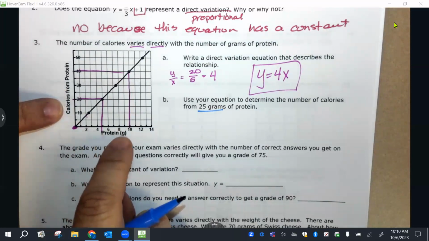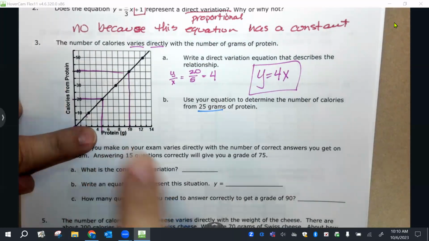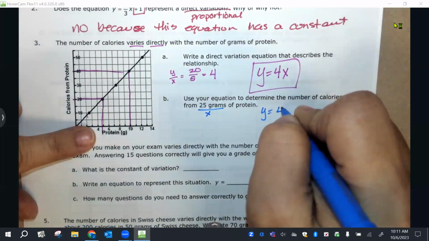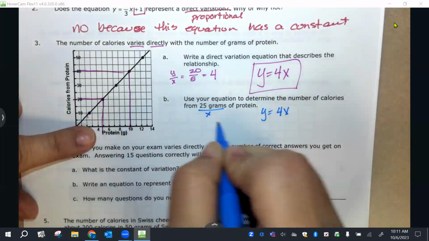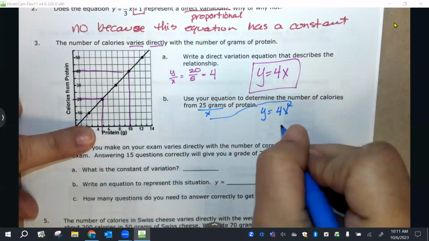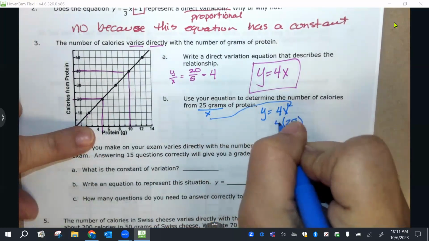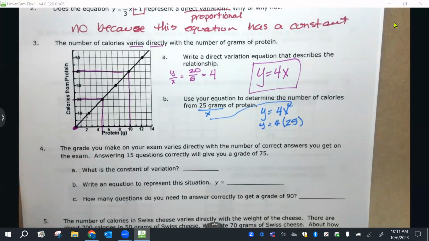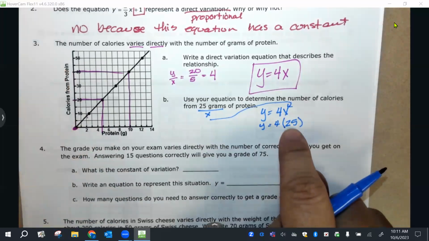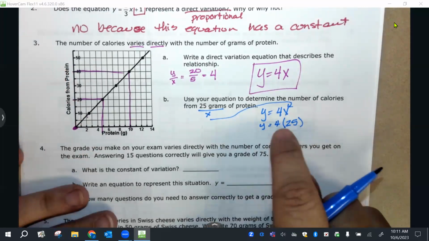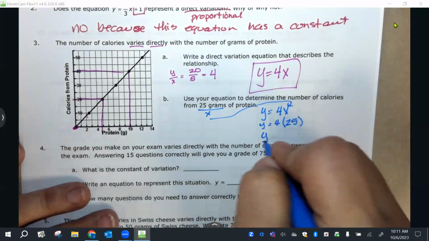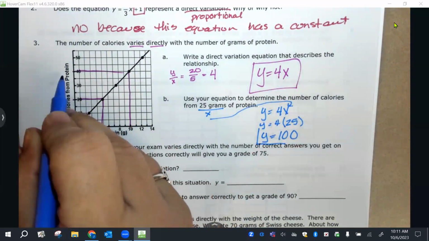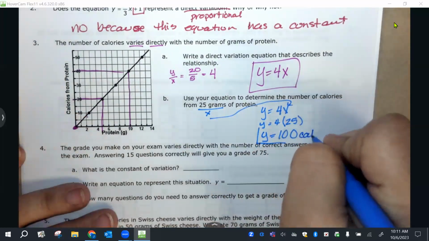My X just says protein with a G. Well, that G means grams, so therefore this number represents my X. So if here was my equation, I'm going to take this number and plug it in for X. Now, if I use my Desmos, I can type 4 times 25, although for me, 25 makes me think of quarters. And 4 quarters is $1, which is 100 cents. So Y equals 100. My Y axis was calories, so we'll say calories.